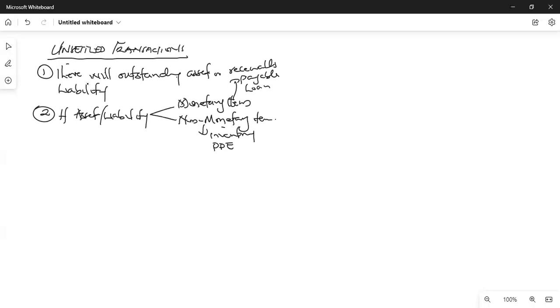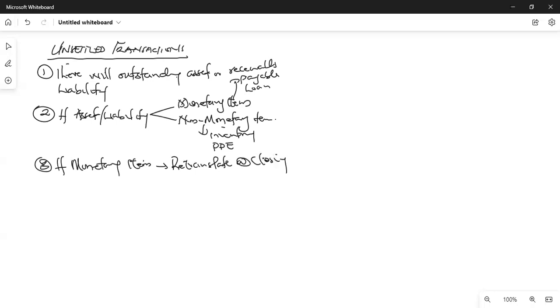So if you are able to distinguish between the two, then what you have to do is that if it is a monetary item, then you will have to retranslate at closing rate.